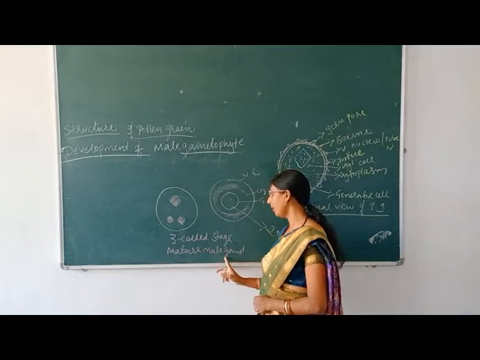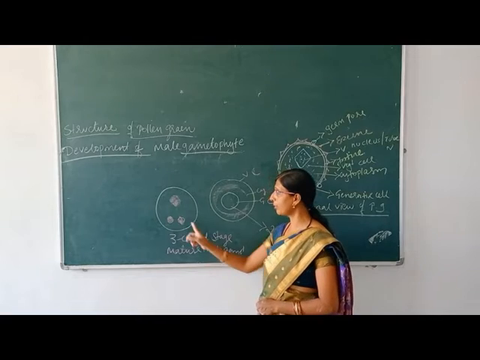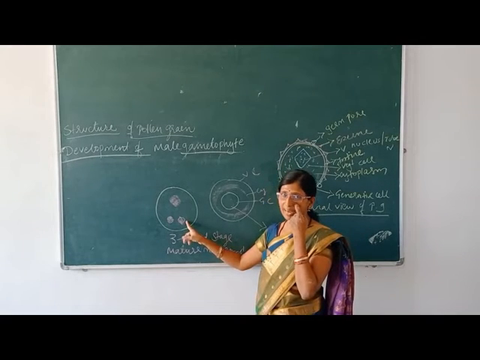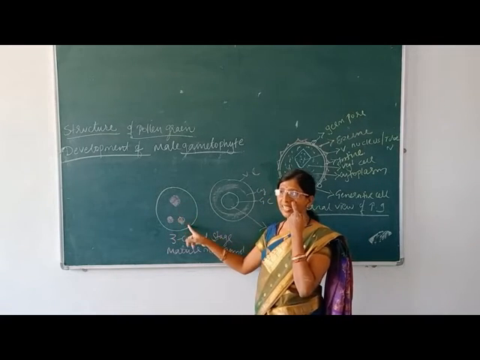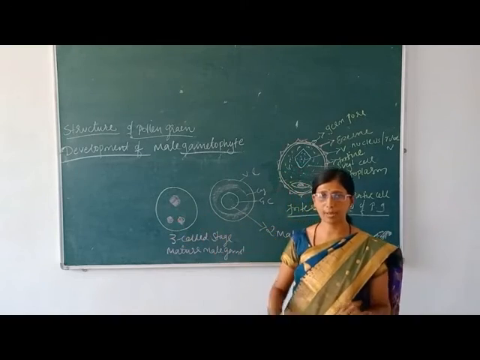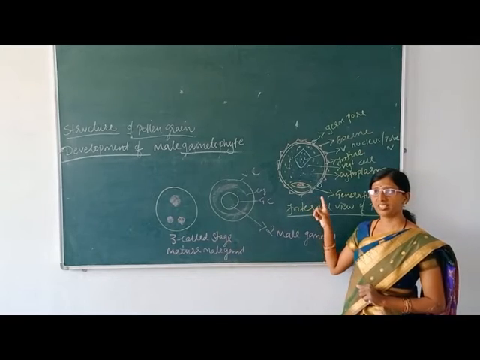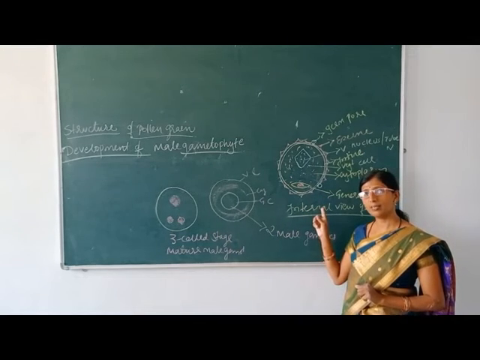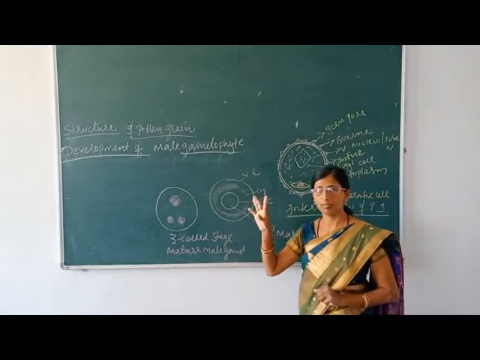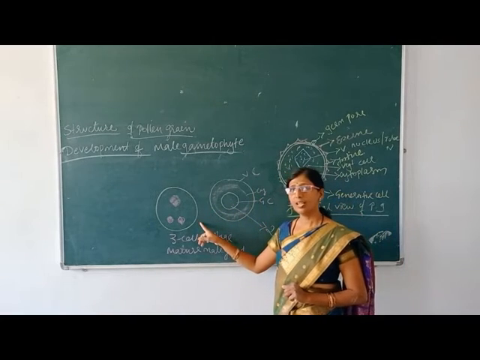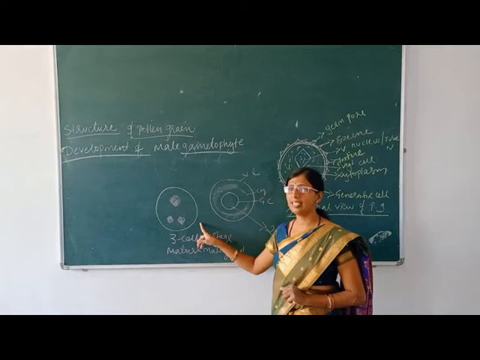The 3-cell stage is called a mature male gametophyte because there is formation of two male gametes along with the vegetative cell. In 100% of plants, 60% of the pollen grains are at the two-cell stage. They shed pollen grains and sit on the stigma. Only 40% have the 3-cell stage.